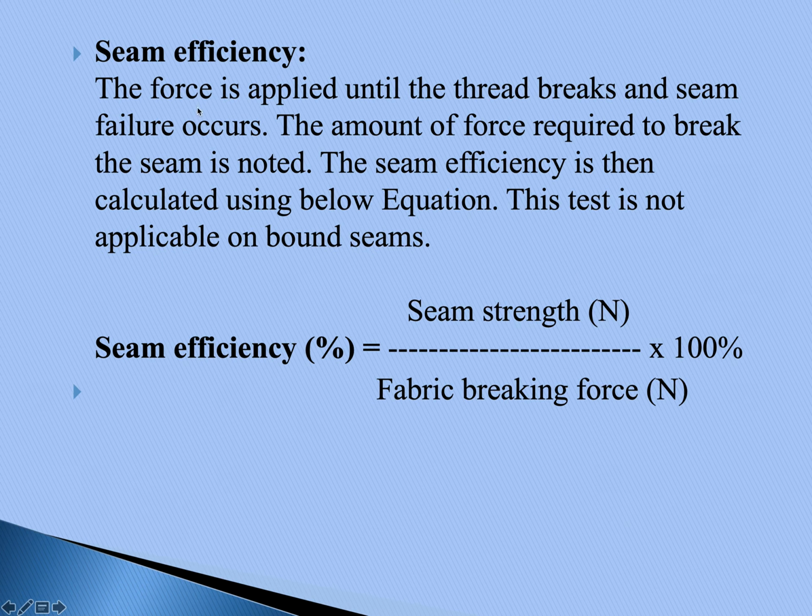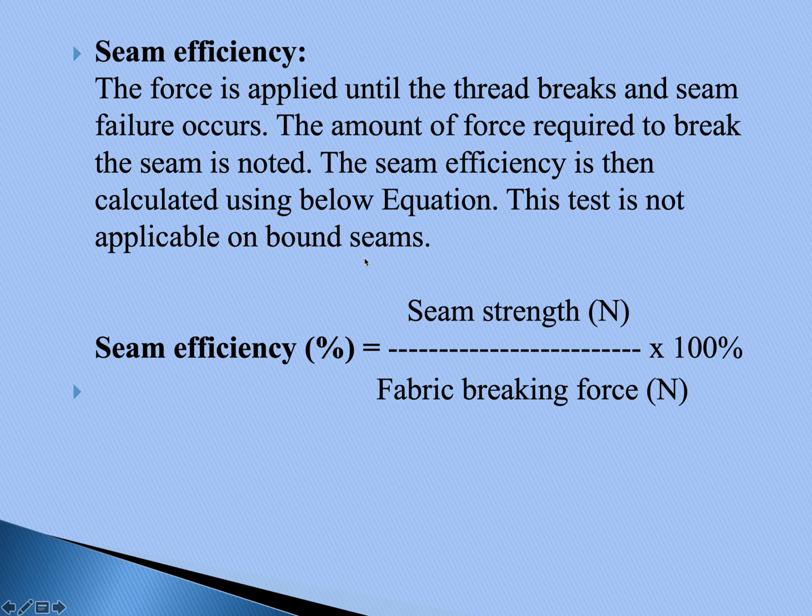From this we can obtain the seam efficiency also. What is seam efficiency? The force is applied until the thread breaks and the seam failure occurs. The amount of force required to break the seam is noted, as we discussed earlier. But this test method is not suitable for application on bound seams. What kind of seam is a bound seam? One where the fabric edge of one fabric is bound or covered by another, which is class 3, the kind of seam used on t-shirts.